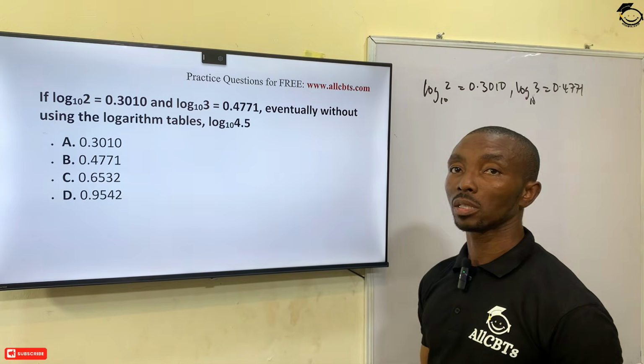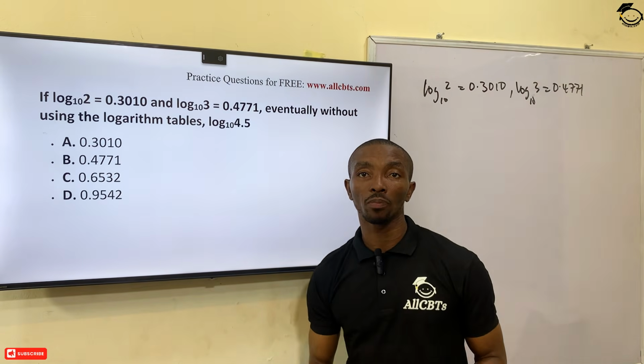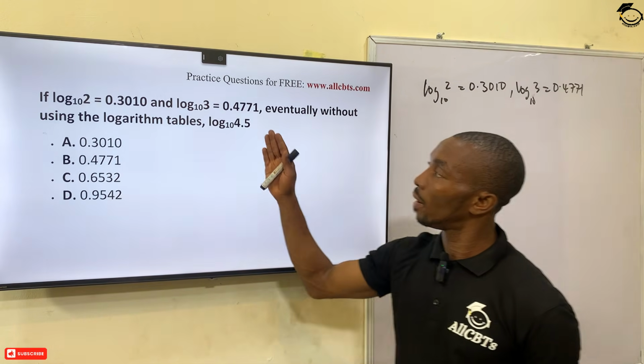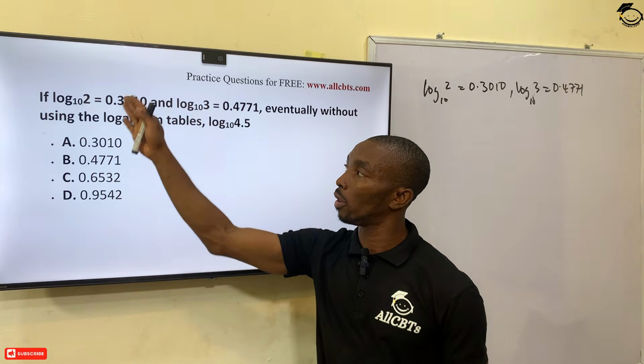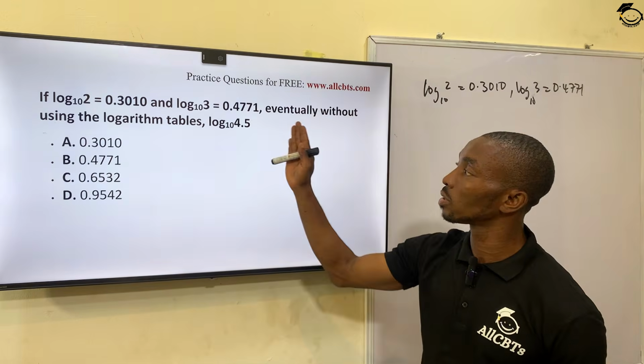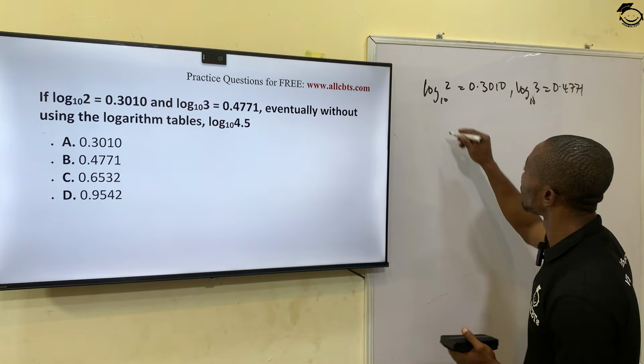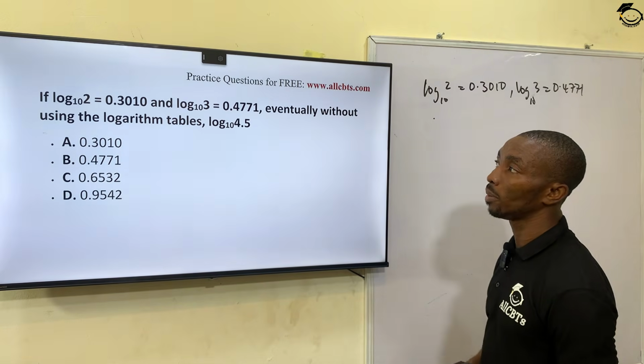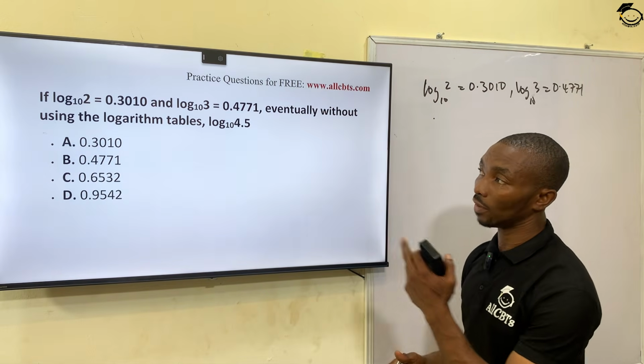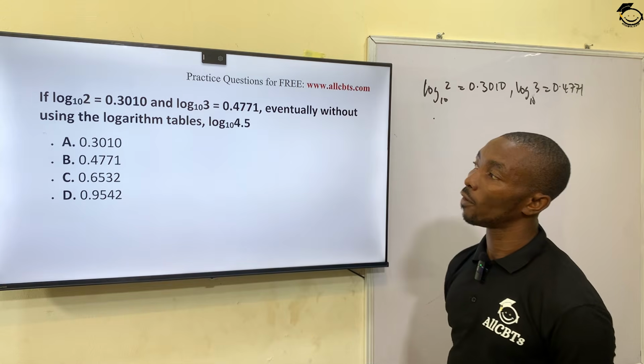Now, to evaluate log 4.5 base 10, we have to find numbers from our log 2 and log 3 that would give us 4.5. In doing this, we are going to look at 3 times 3 will give us 9. 9 divided by 2 will give us 4.5.